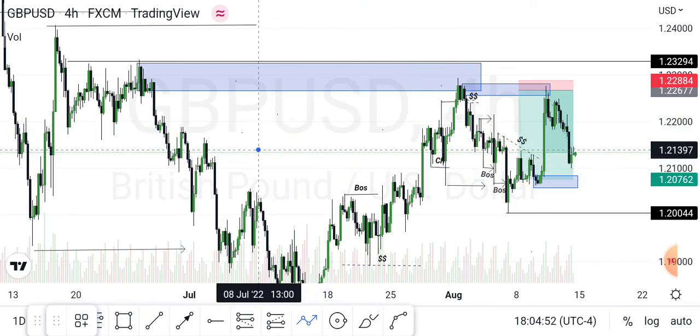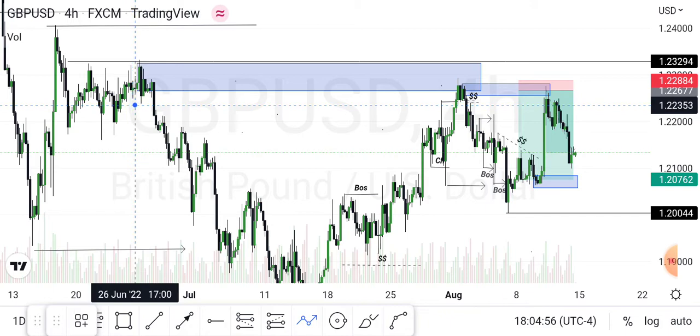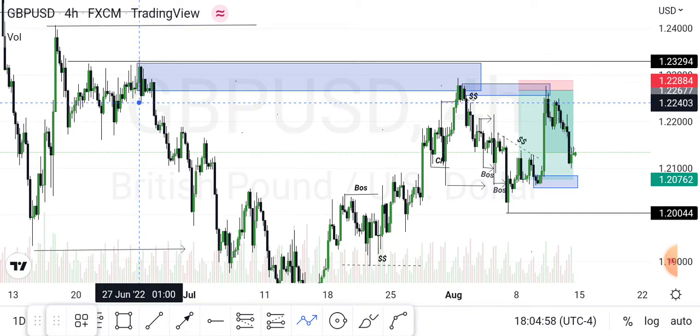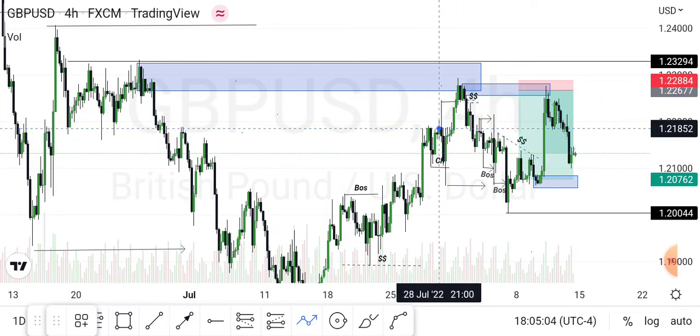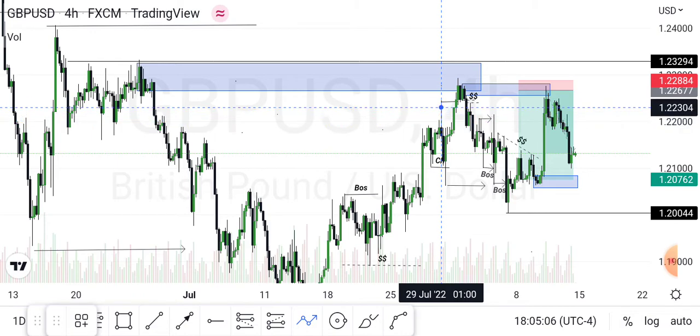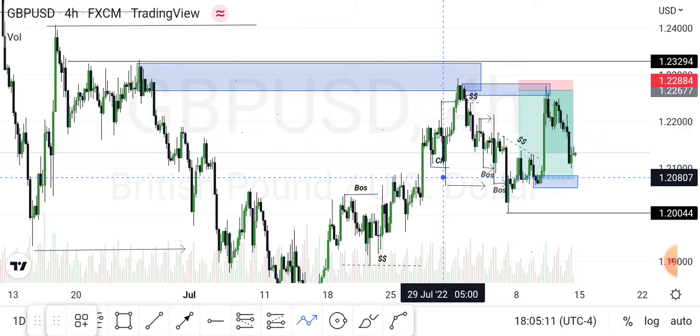Now this is a good setup, guys. We have all of this liquidity grab. We have this imbalance that was filled to some point. Yes, see, it was filled. We have this fair value gap that was filled, this nice FU candle created here, and this nice break of structure.